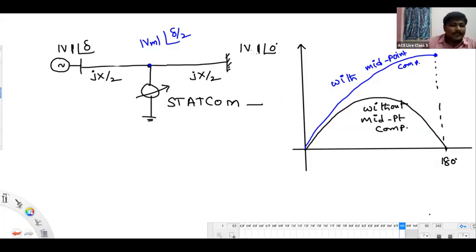Okay, listen to me. If anybody asks you what is the maximum power transfer capacity of this network, then what you should answer is, you take the first part of the network up to the compensation location. What is the P maximum value of this? Mod V into mod Vm by X by 2.